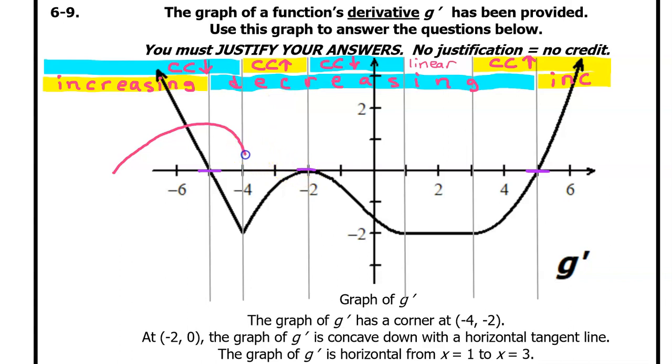So here we go, decreasing but concave up and ending at a horizontal tangent line. In the next interval, we are still decreasing but concave down. No horizontal tangent line. So here I go, I'm decreasing but concave down.